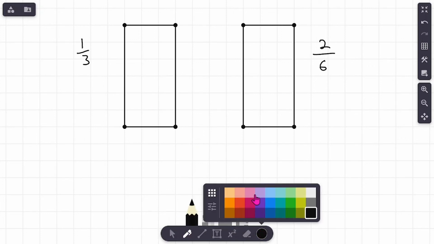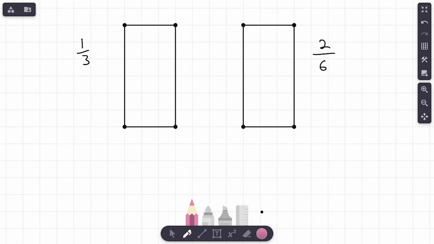Feel free to pause me and do it on your own. And I'm going to set mine up here. Notice I turned my model vertically this time. Everybody does it a little bit differently. That's why I try to do it as many ways as possible because, again, everybody sees and does math a little bit differently, and that's really stinking cool.